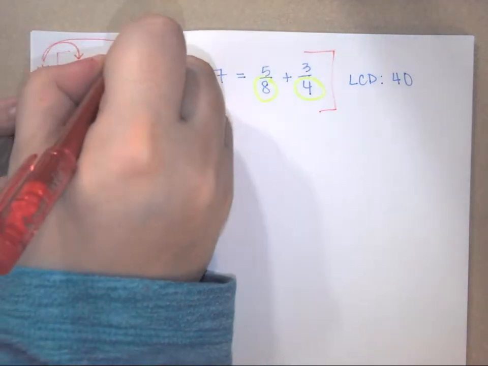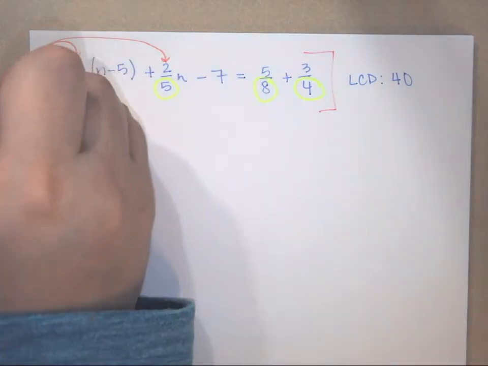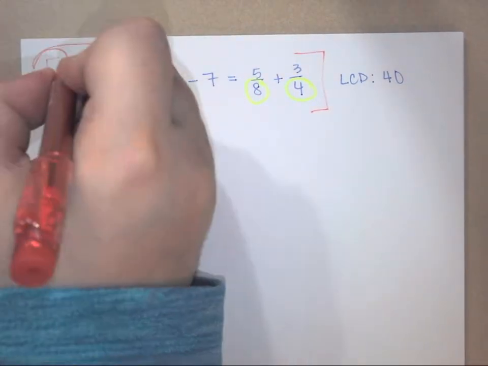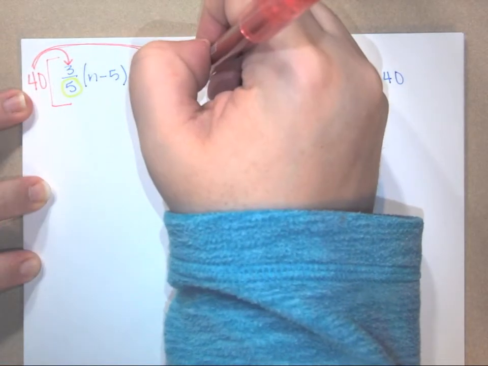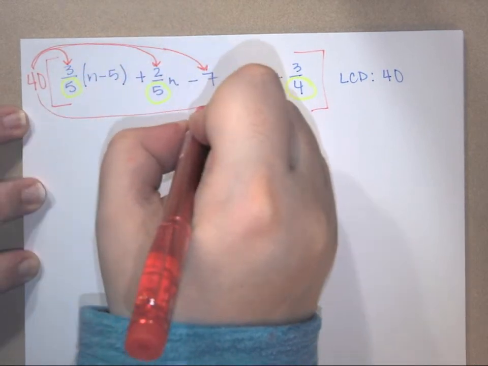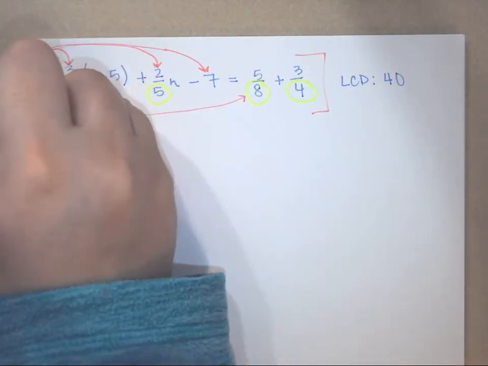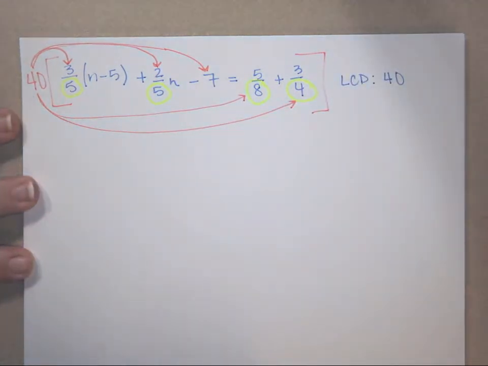It's going to multiply over here to the 2/5. It's going to come over to the 7. And then it's going to multiply to my 5/8, and it's going to multiply to the 3/4. So we are going to multiply it everywhere.